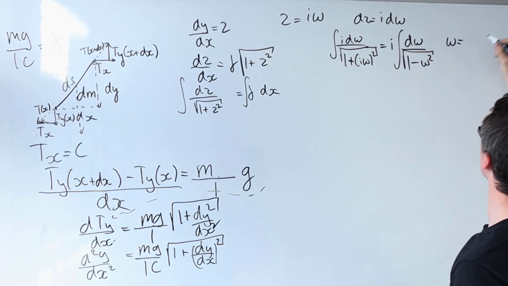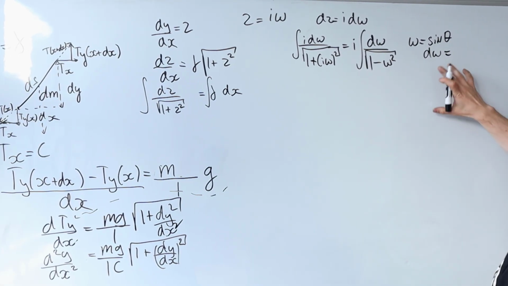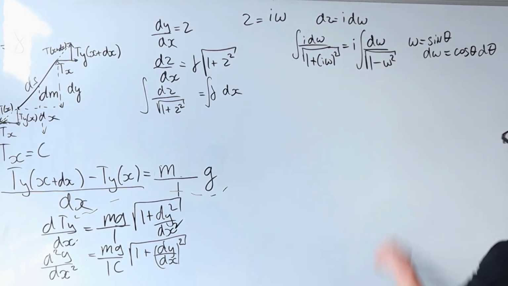So shall we just say that w is sine theta? This of course means that dw, what is that going to be? It will be cos theta, then we need to differentiate d theta.